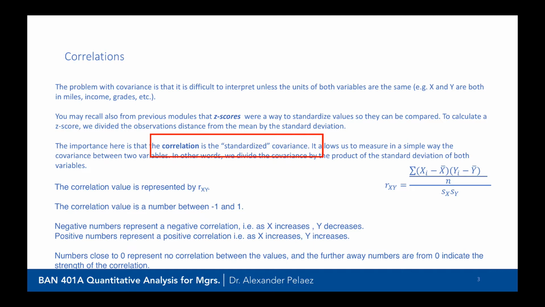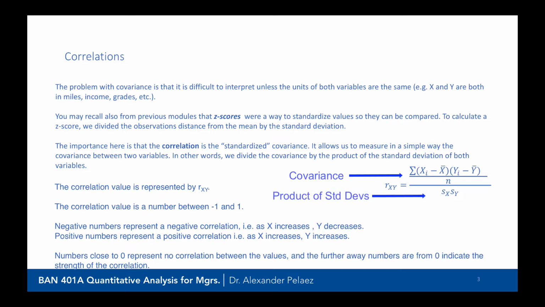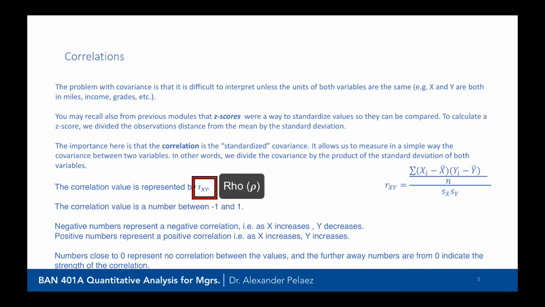That basically means that we're dividing by the standard deviation. And in this case, we're dividing by the standard deviation of x times the standard deviation of y. So we're taking the covariance and dividing it by the product of the standard deviation of x and the standard deviation of y. Our correlation value is represented by either an r, lowercase xy, or sometimes we'll see it with the Greek letter rho.